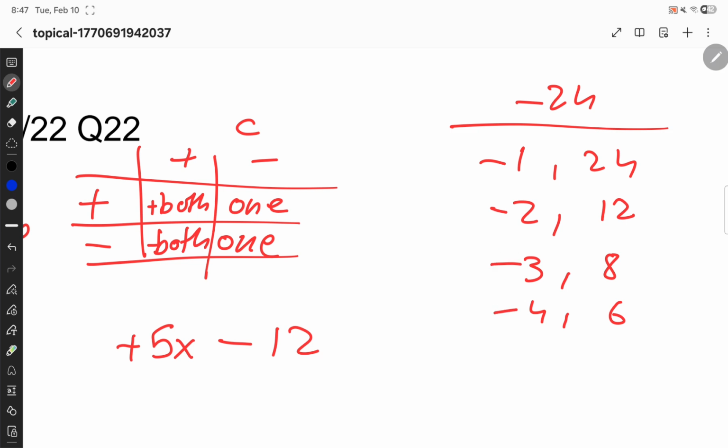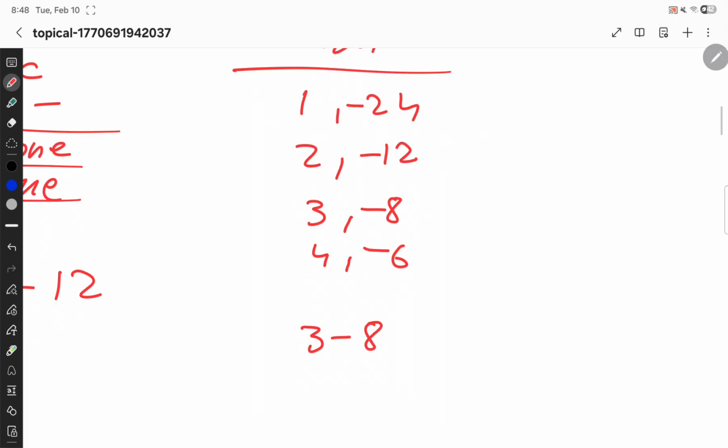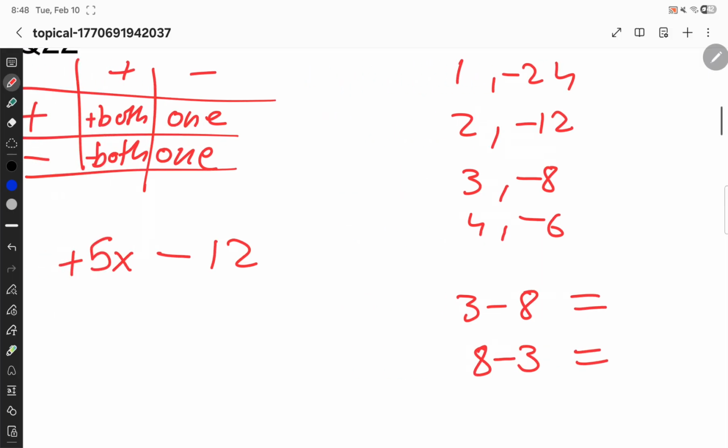It does not matter if this is plus or minus, only one row will be negative. It might be this row or it might be this row. This is just by seeing the cases. Negative 3 and 8 works, or 8 minus 3 works, for our case.